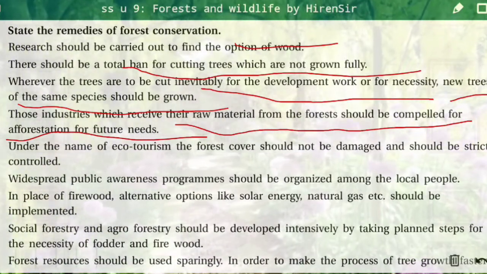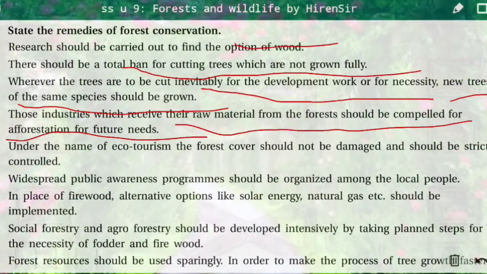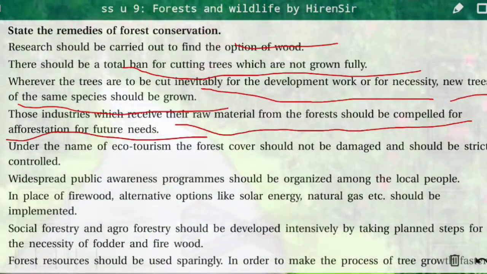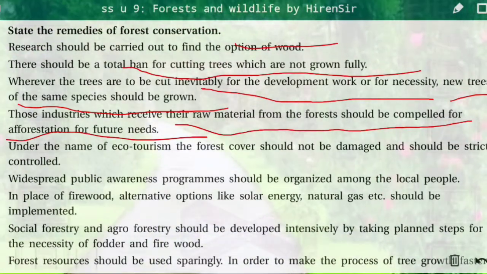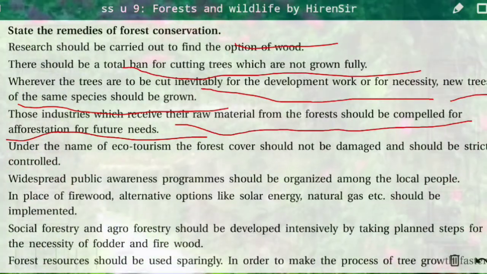Such companies must be compelled to sow more and more trees for future needs.